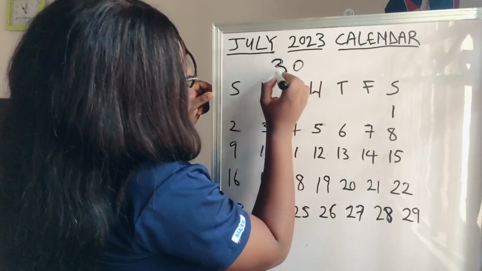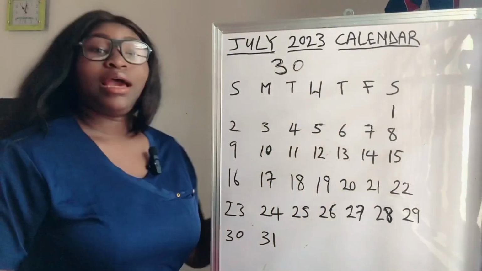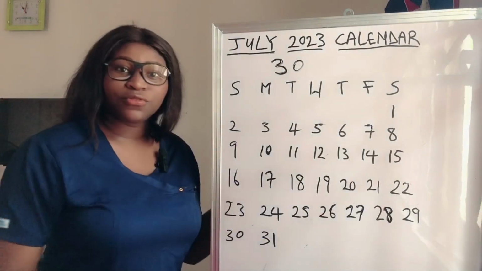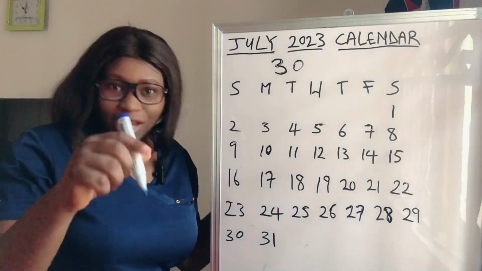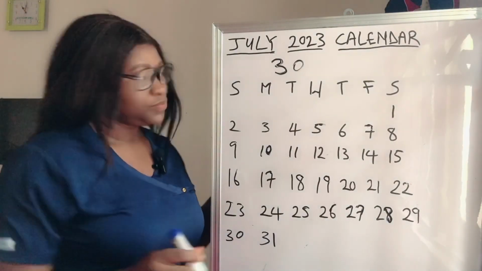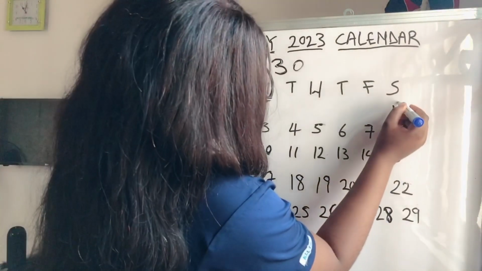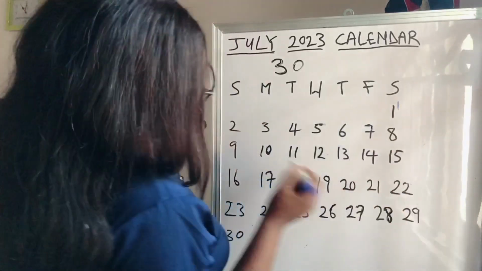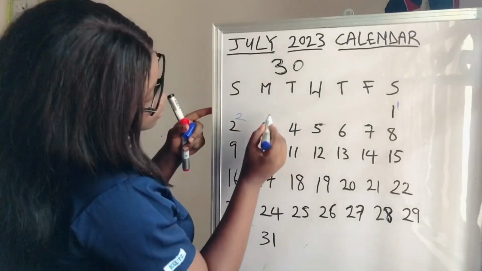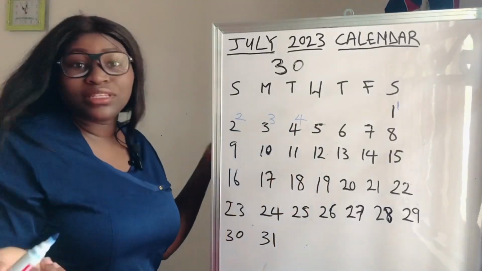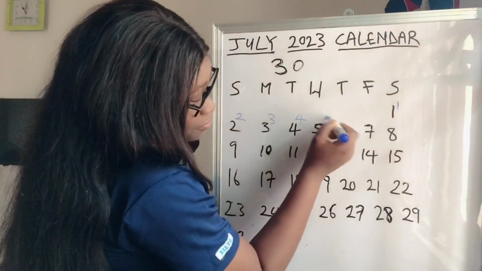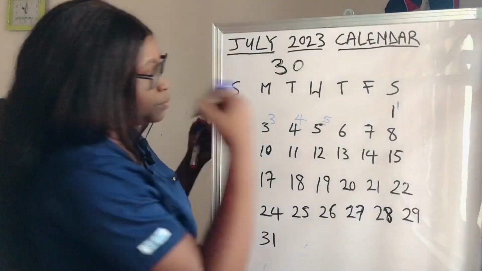A woman whose cycle length is 30 days. Her period started on the 1st of July. Then you start counting. 1st of July makes it day 1 of her menstrual cycle. Her period lasted day 1, day 2, day 3, day 4. Maybe she got her period for 4 days or 5 days, whatever. Then you keep counting.